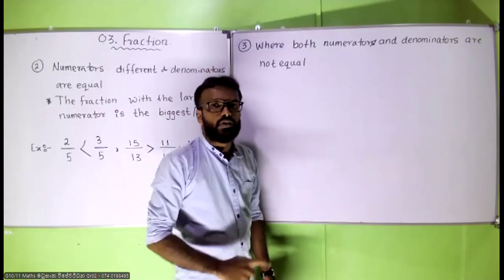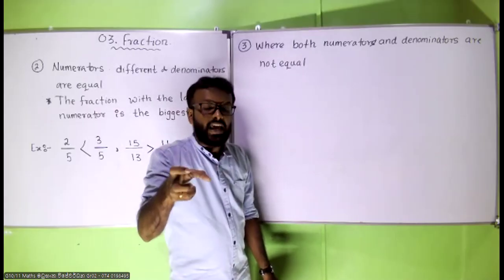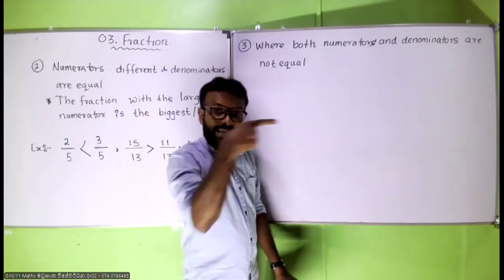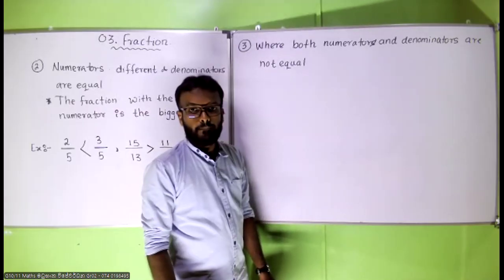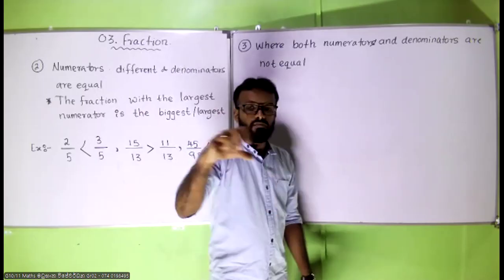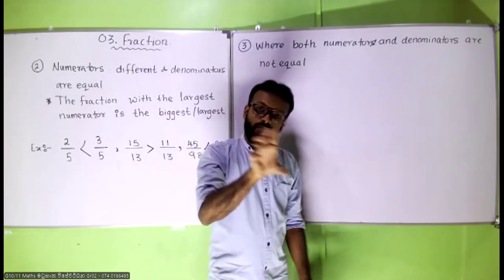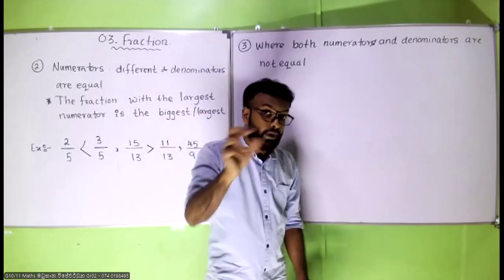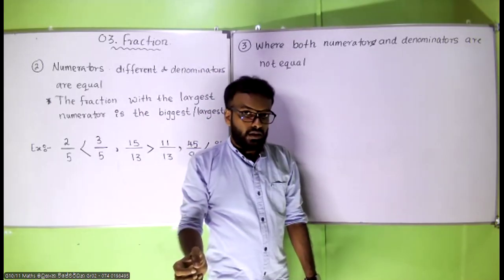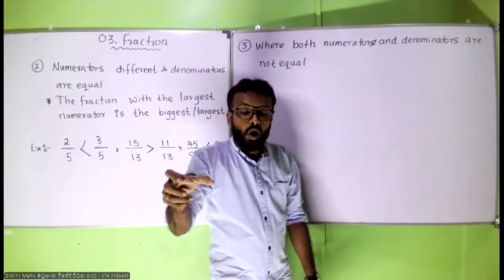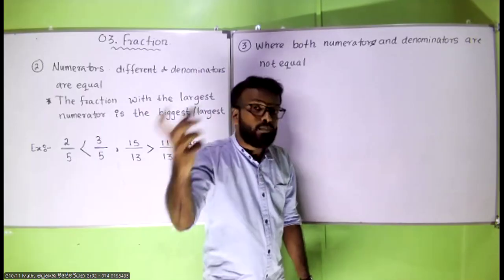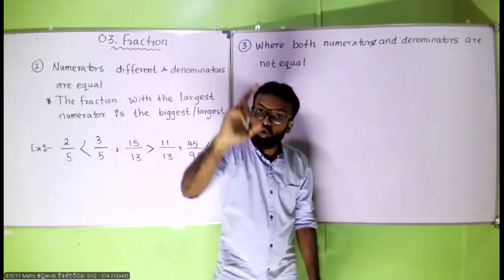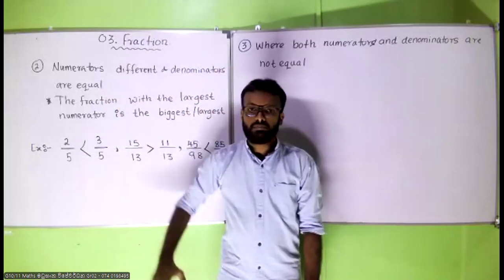You need to make those different denominators equal. If you have two fractions with different denominators and you have to compare them, make the denominators equal so that you can easily compare the two fractions like this.